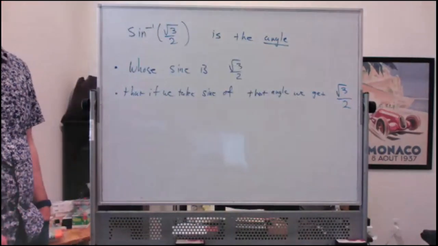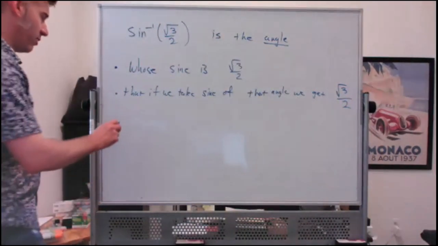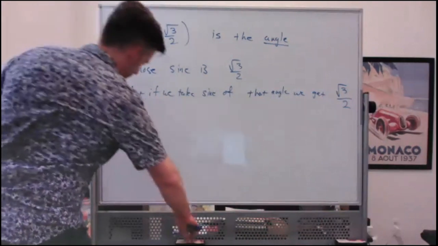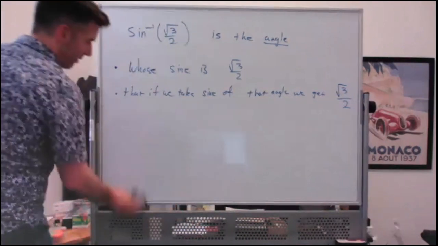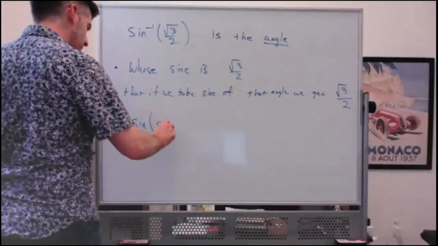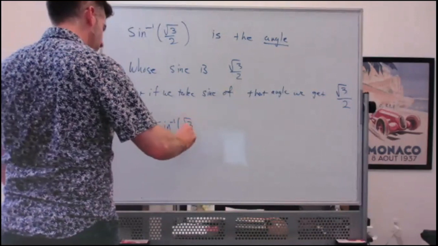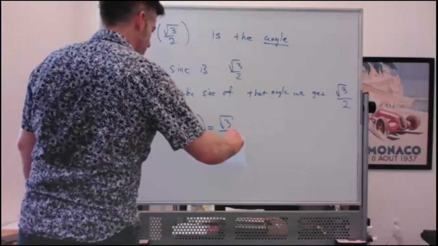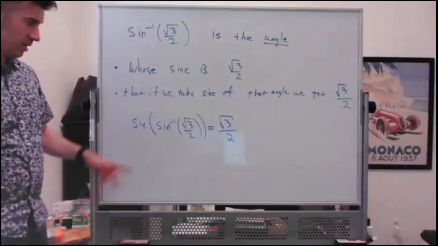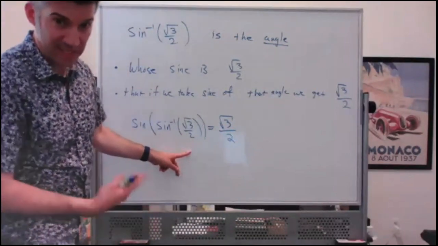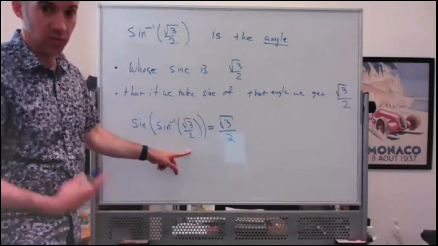I don't think I said this to everybody. It is in fact true that, written as a function, sine of inverse sine of root 3 over 2 is root 3 over 2. That's an angle. It's the angle that if you take sine of it, you get root 3 over 2.